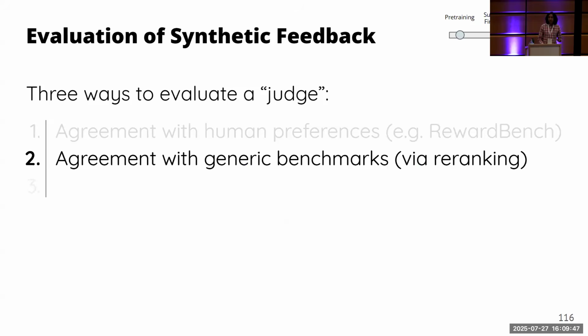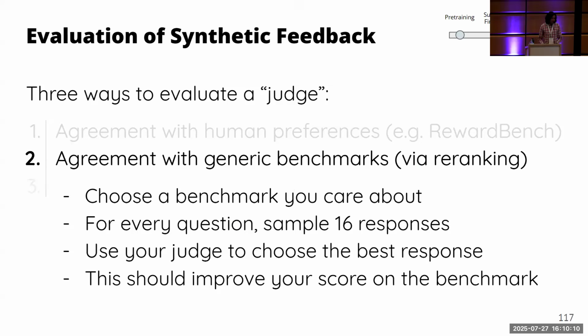However, RewardBench is a general purpose benchmark, and it does not capture the nuances of your particular task of interest. So if you want to evaluate a judge for a specific domain or task of interest, a popular approach is to use re-ranking as a proxy for how well that judge is aligned with your downstream metrics. The way you do this is pretty straightforward.